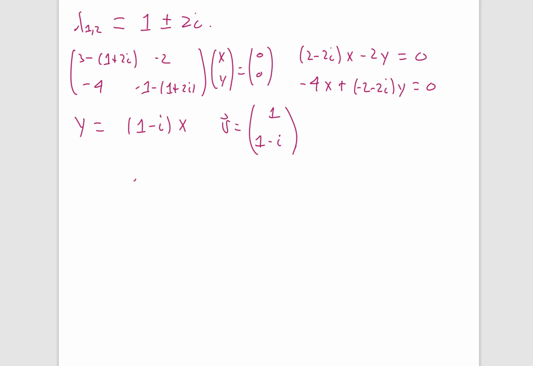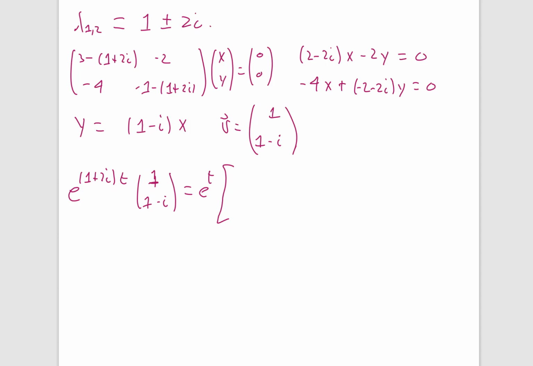So let me erase all of this. Okay, so we have e to the (1 plus 2i)t times (1, 1 minus i). We're going to split both of these into the real and imaginary parts. So I'll have an e to the t that's just going to basically multiply everything.